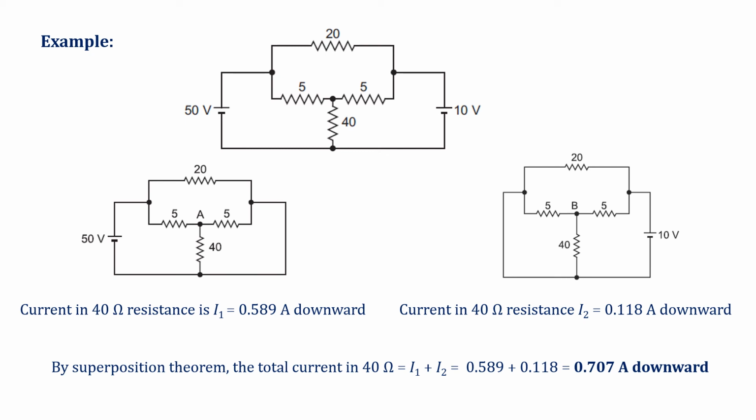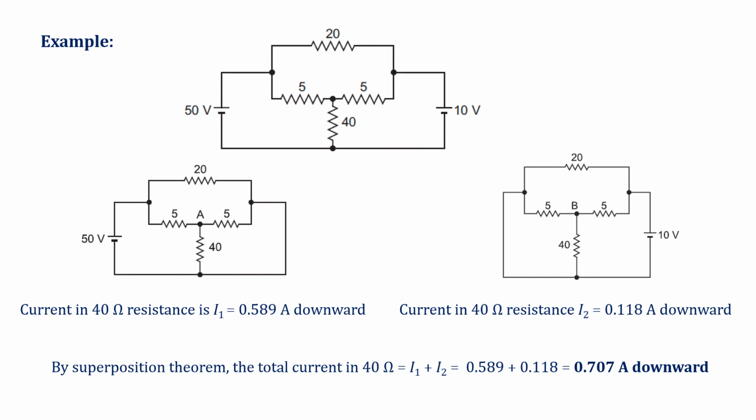current flowing through the 40 ohms resistance. The answer you may obtain is 0.589 amps. Similarly, in the second diagram, I short circuit the 50 volt and keep the 10 volt. So only one energy source is acting here. At that time the current through this 40 ohms resistance is 0.118 amps.